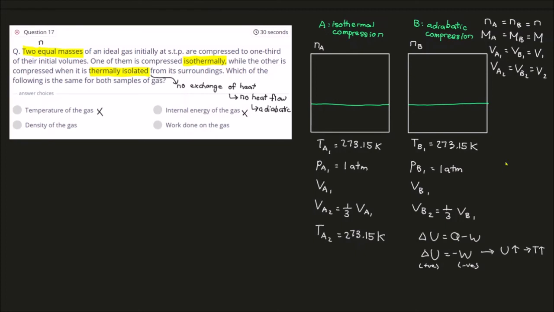Next thing is work done on the gas. To find the work done on the gas for isothermal compression, you need to do nRT natural log V2 over V1. Whereas for adiabatic compression, the work done is beyond your syllabus.